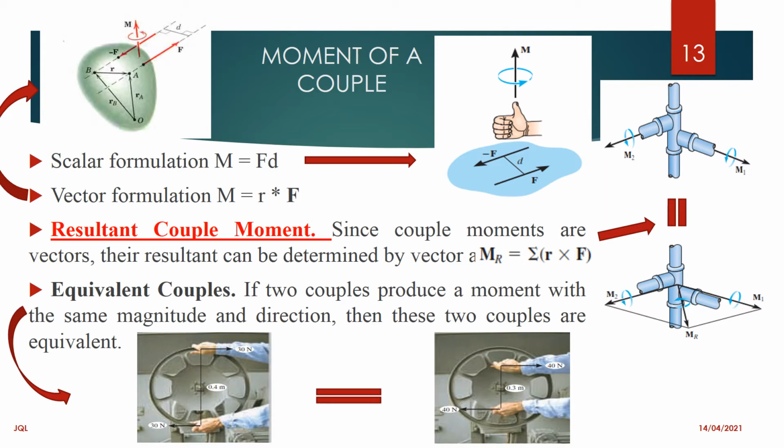So you can see what is happening here and what that guy is doing. The lever arm was 0.4 and the effort he had put was 30, and they are telling us that is equivalent to the same guy, except he had added more effort but reduced the lever arm.